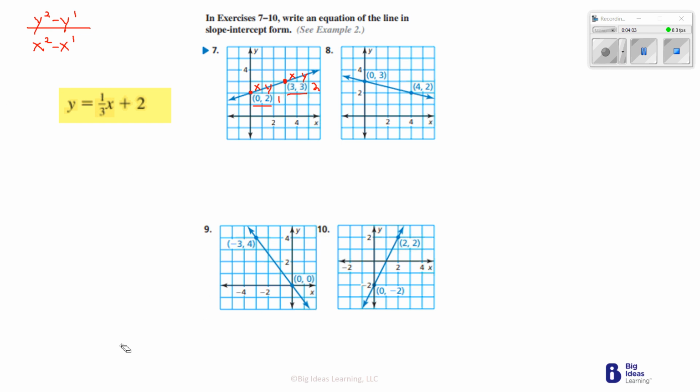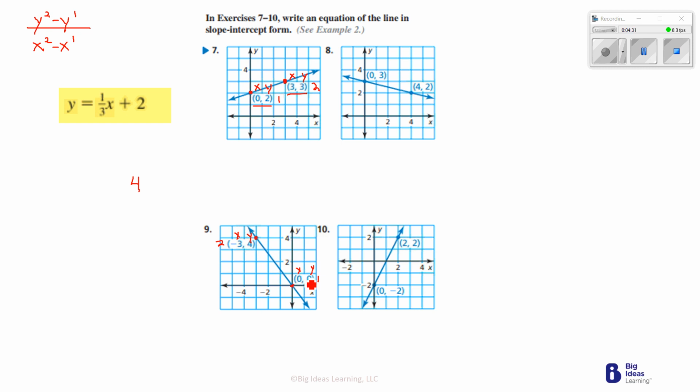Let's look at number 9 now. This time we have the points (0, 0) and (-3, 4). I'm going to make this one my 2, this one my 1, and follow my formula up there. That's going to give me y2 will be 4. Remember, this is x, y always in that order.